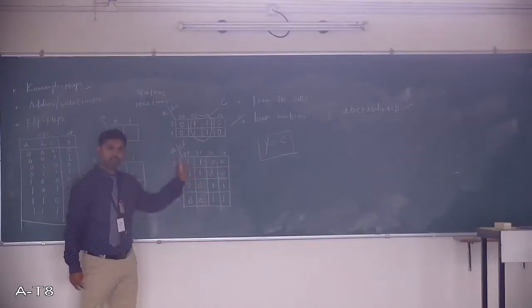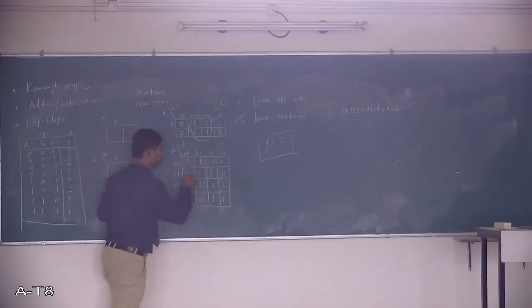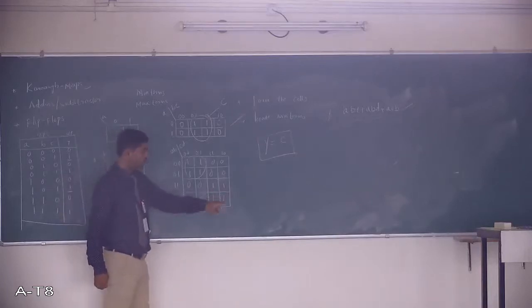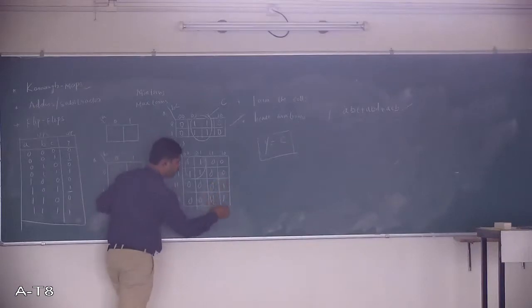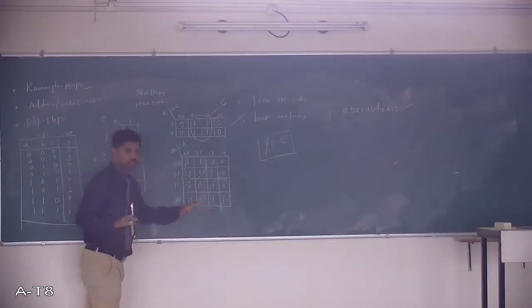Do the grouping of quad. 1 quad. Are all other cells covered? You have some more logic 1 cells here. That also you should cover. Do one more grouping because all the cells are side by side. Write the expression for this and this. That's it. That's all your job.